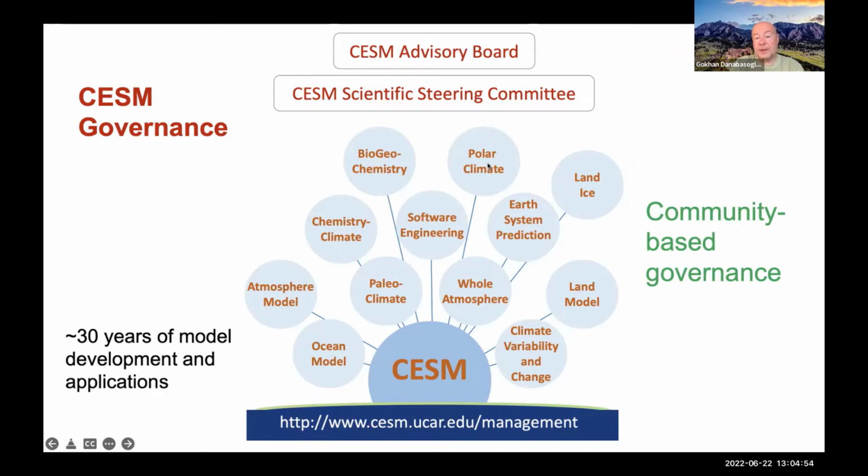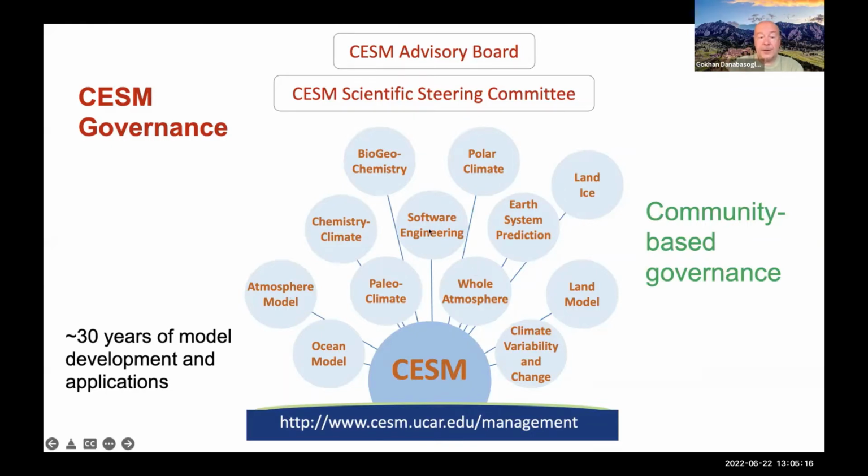The sea ice model is embedded in the polar climate working group. We have the land ice modeling working group and land model working group. In addition to that, we have the biogeochemistry and whole atmosphere working group that goes all the way to the top, well, to stratosphere levels.